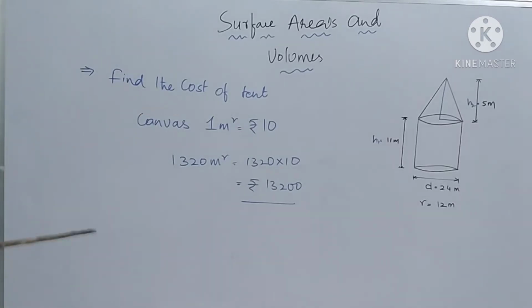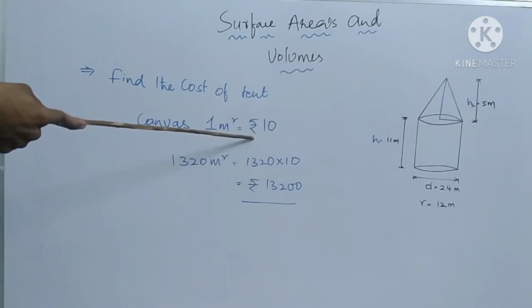Here our question is to find the cost of the tent. The canvas cost for 1 meter square is 10 rupees.